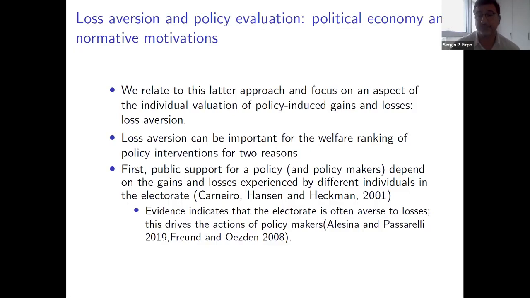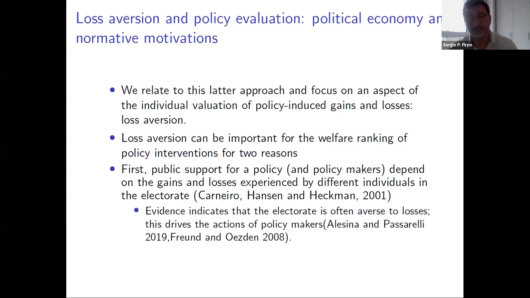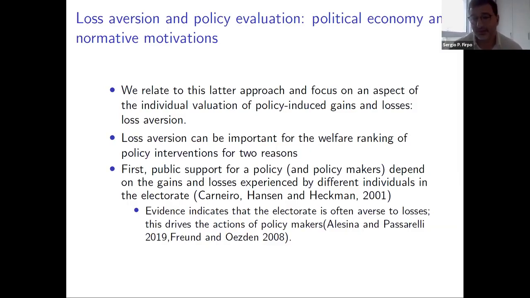And if this policymaker believes that the individuals are loss averse, that may have an impact on the type of policies being offered, right? They can anticipate that people are loss averse, so they will never, for example, offer policies that could generate very large losses to an important number of people, or even small losses.